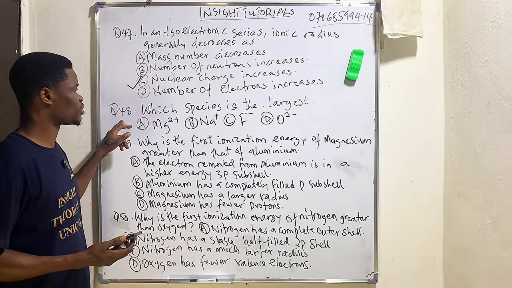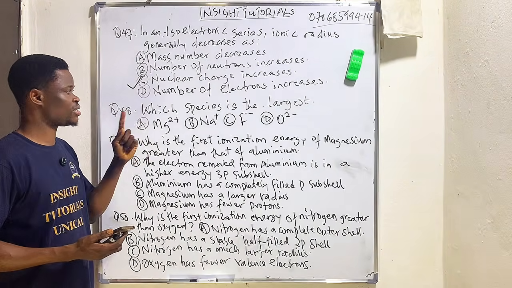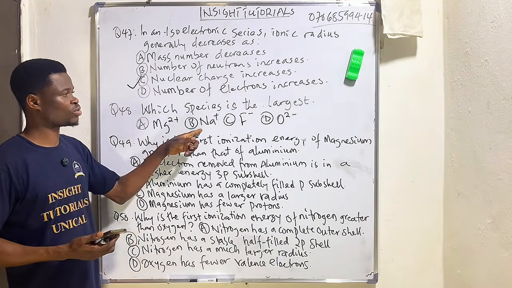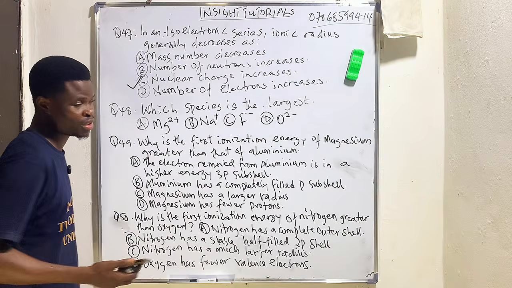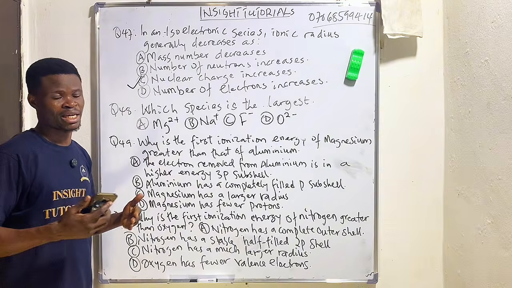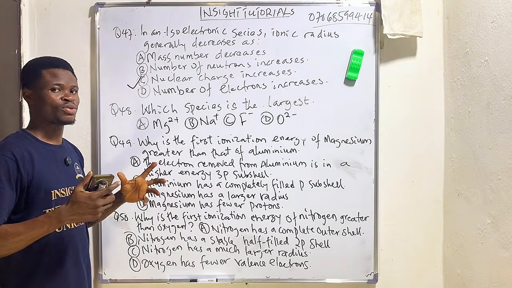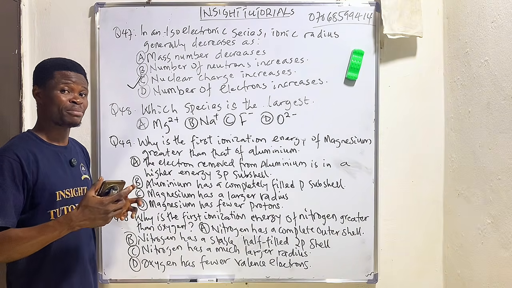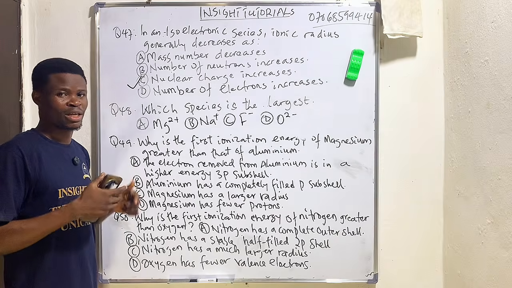All right, 48 says, which species is the largest? Magnesium ion, sodium ion, fluorine ion, or oxygen ion? Now, in terms of ionic radius, that's ionic size, the size of ions is determined by the number of protons that they contain.